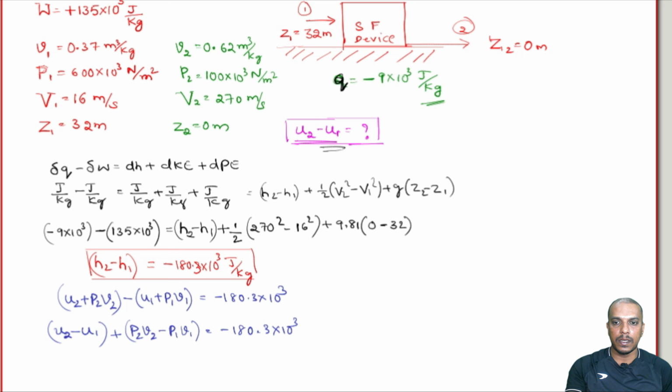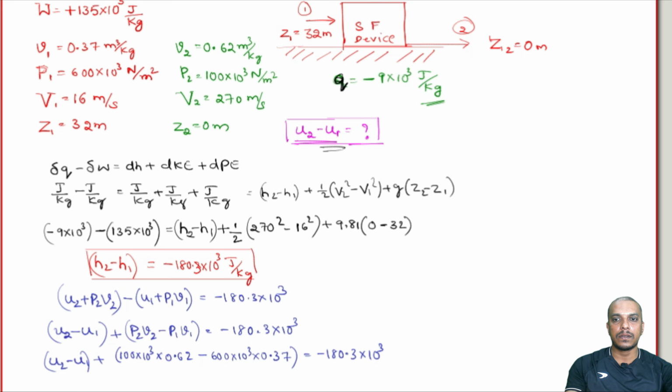Now, all these values are given, only unknown is U2 minus U1 plus P2 is 100 into 10 power 3, V2 is 0.62, minus P1 is 600 into 10 power 3, V1 is 0.37. That should be equal to minus 180.3 into 10 power 3.